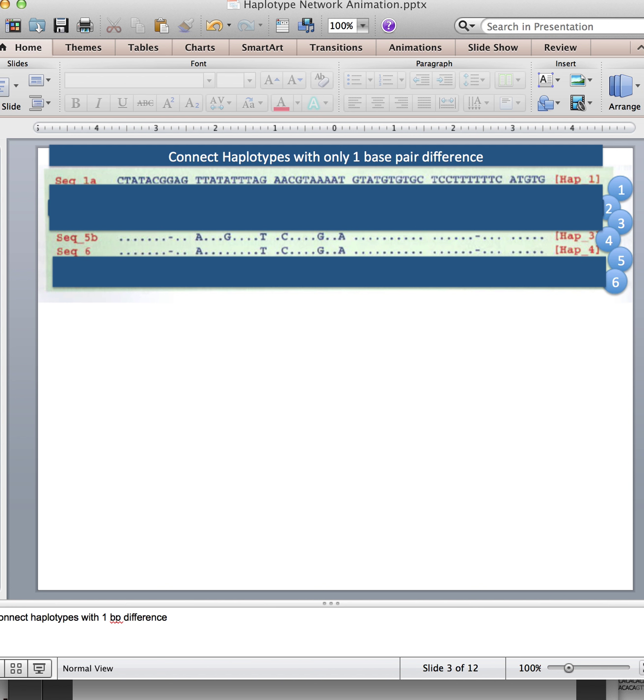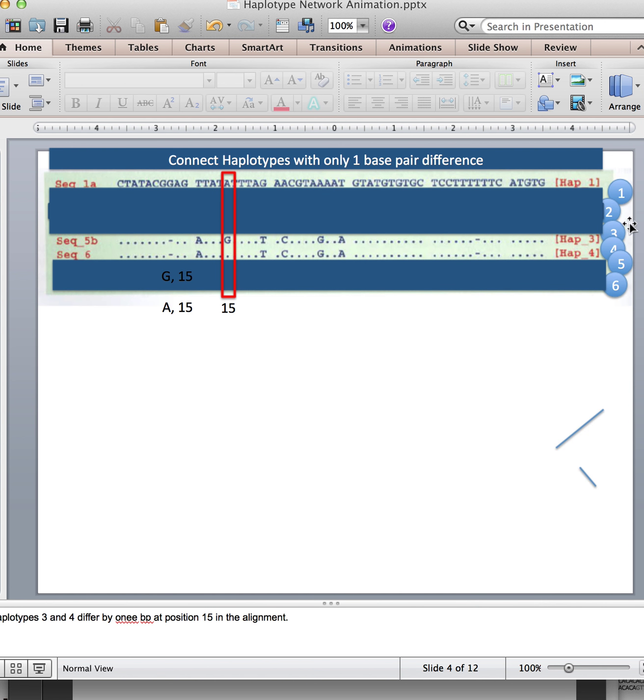And so I've identified the ones that have only one base pair difference from each other, okay? I'm sort of ignoring haplotype 1 here. And I'm noticing that haplotype 3 and haplotype 4 have this one base pair difference right here, where haplotype 3 has a G and haplotype 4 has an A, the same as the first sequence.